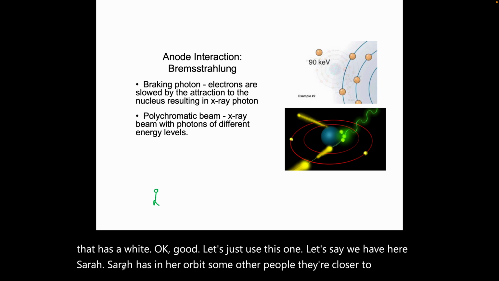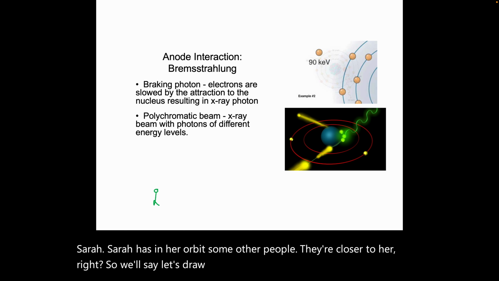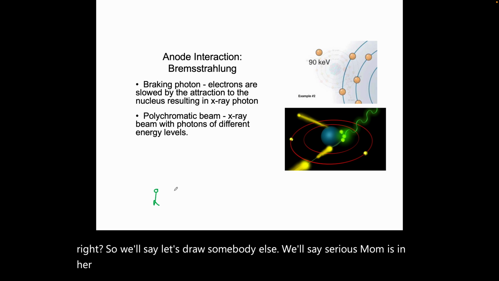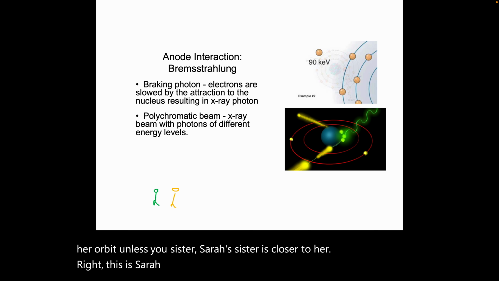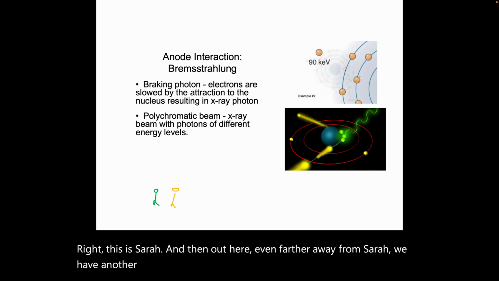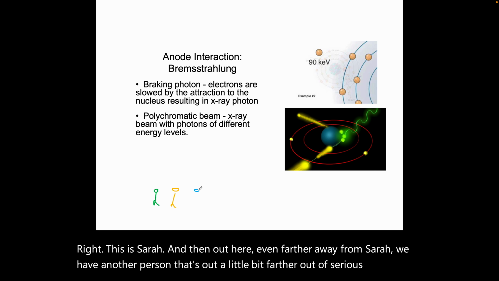So let's say Sarah's mom is in her orbit. Now let's use sister. Sarah's sister is closer to her. Right, so this is Sarah. And then out here, even farther away from Sarah, we have another person that's a little bit farther out of Sarah's orbit. We'll say this is her cousin.